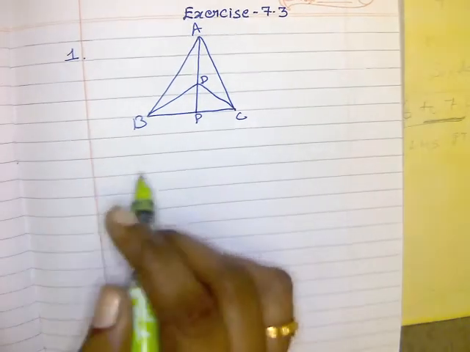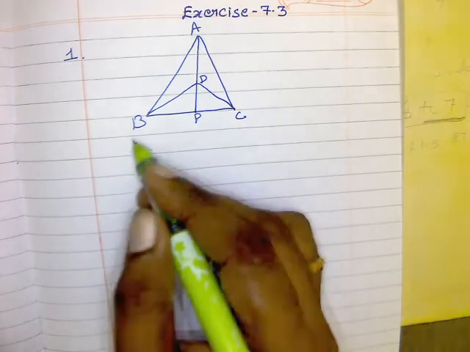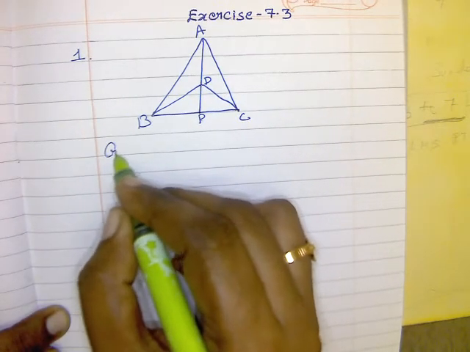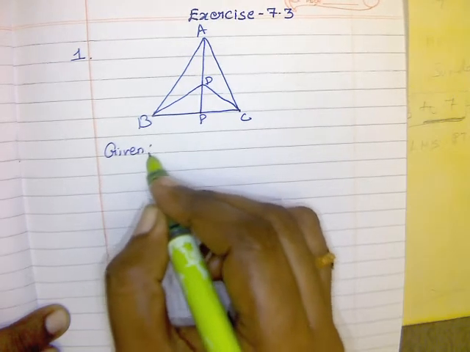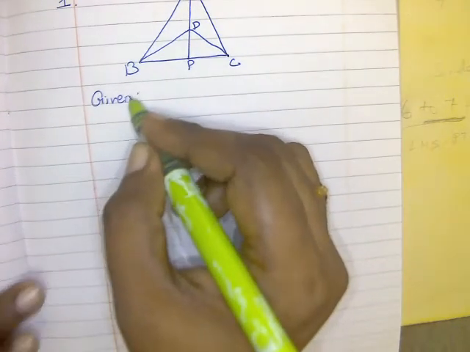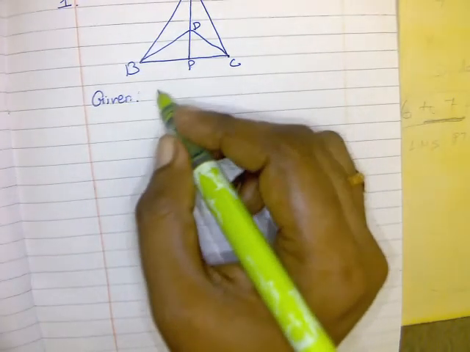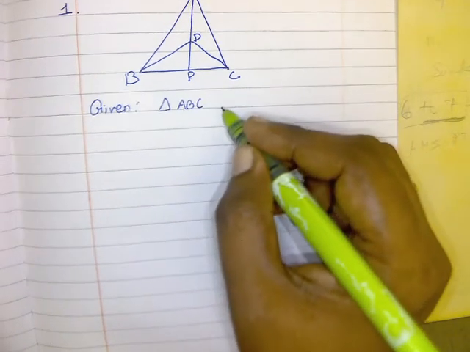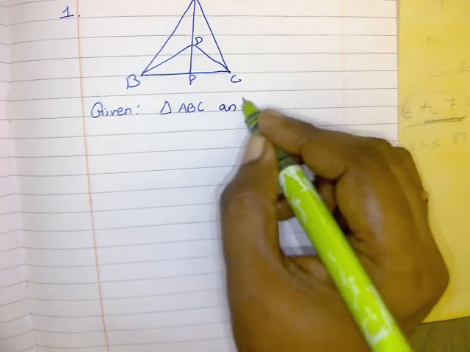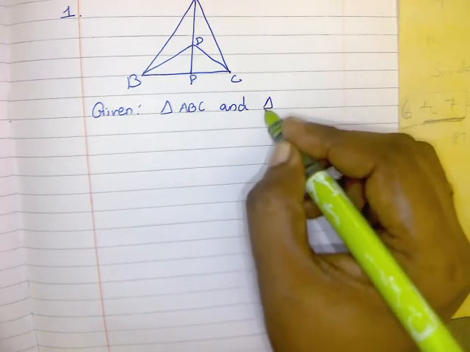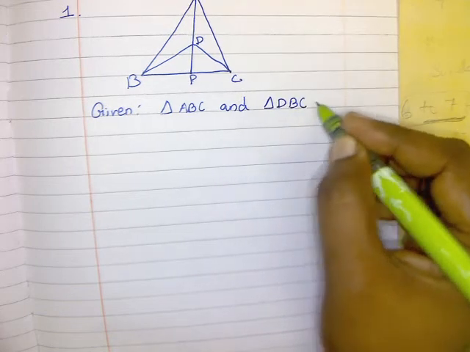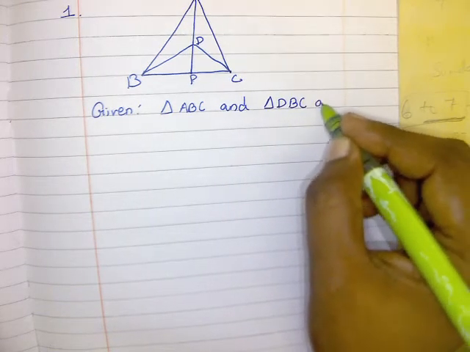First, what are the things given in the sum? First you write that. Okay, right? So now see here, given. What are the things they have given in the question? That first you have to write. Okay, so triangle ABC and triangle DBC are two isosceles triangles.